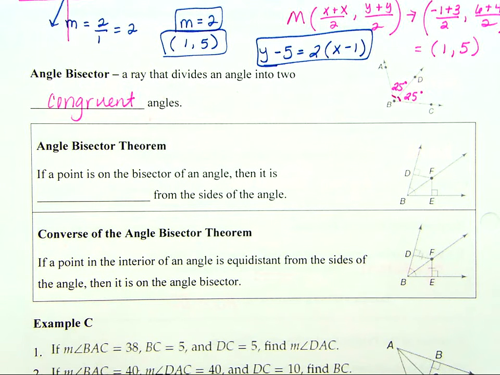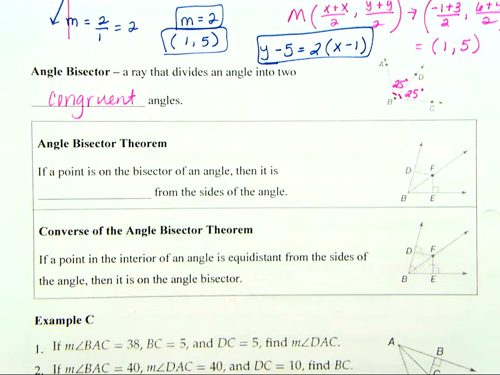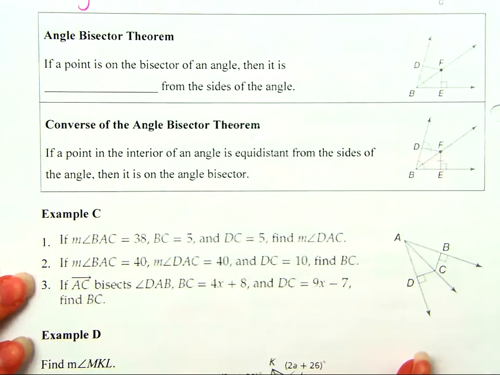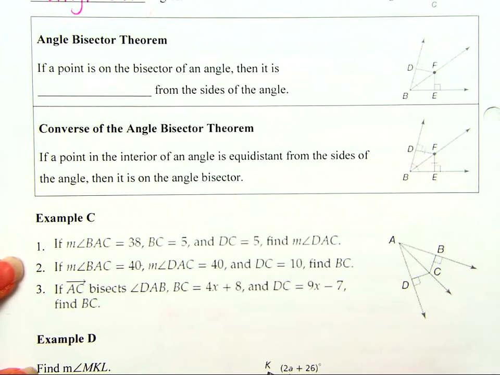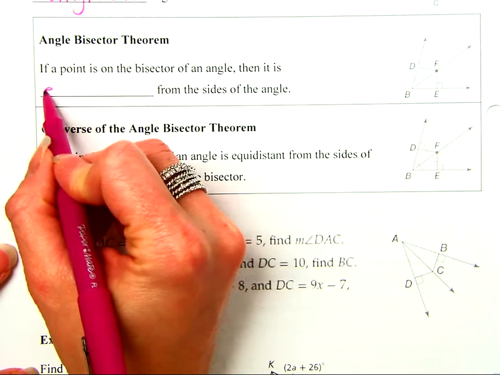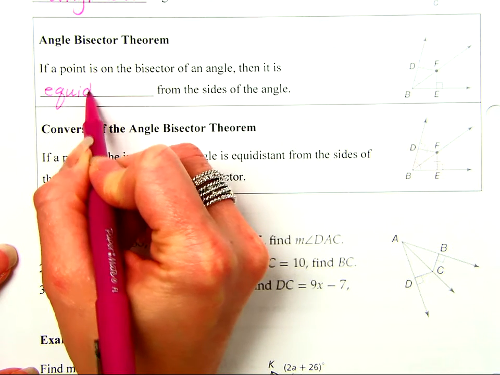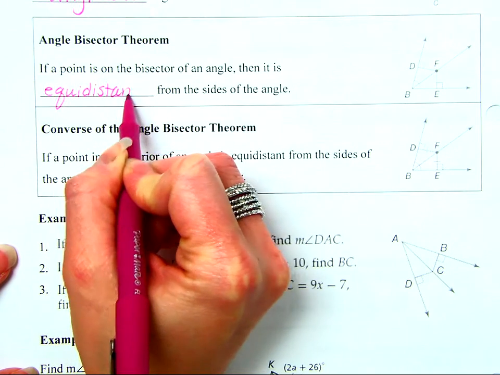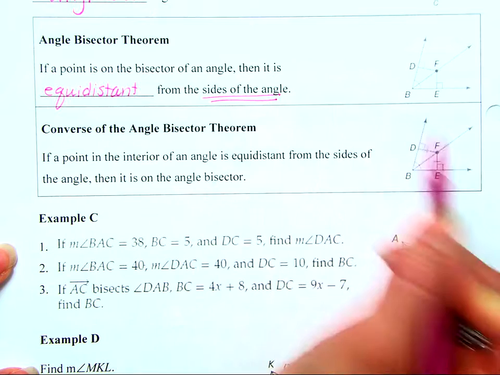So that would actually be the same distance to my sides of my angle. So if you take a look at the angle bisector theorem, it actually reads as so. If a point is on the bisector of an angle, it is equidistant from the sides of my angle.